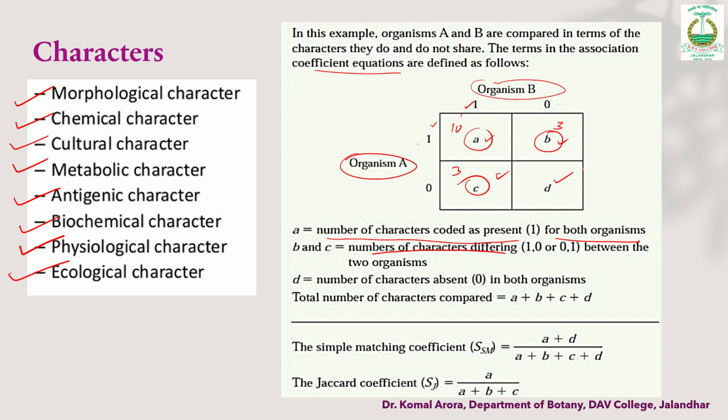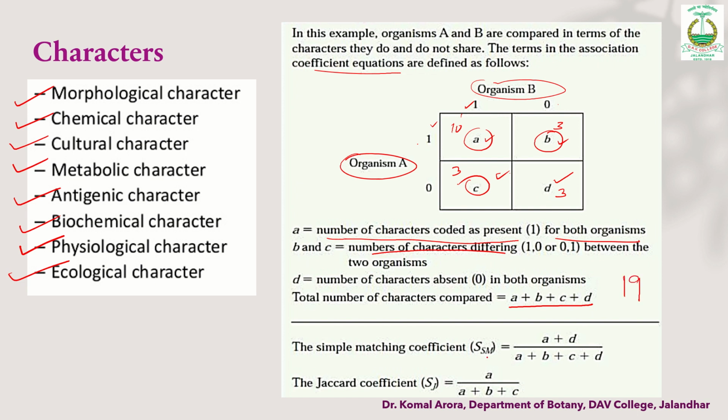And D is the number of characters which are absent in both organisms. You used them as criteria of classification, but neither A nor B had that character. Suppose there are again 3 such characters. This is how you prepare the table. The total number of characters is the summation of all these, which here comes out to be 19.